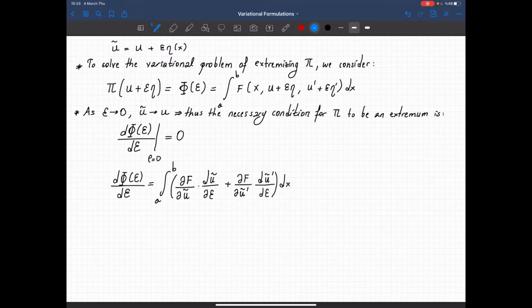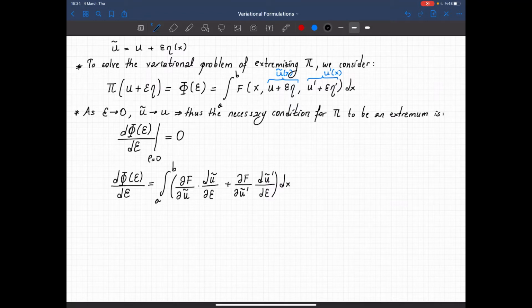You can just think of this one as our u of x, and this one is u prime of x, and we take the derivative with respect to epsilon.